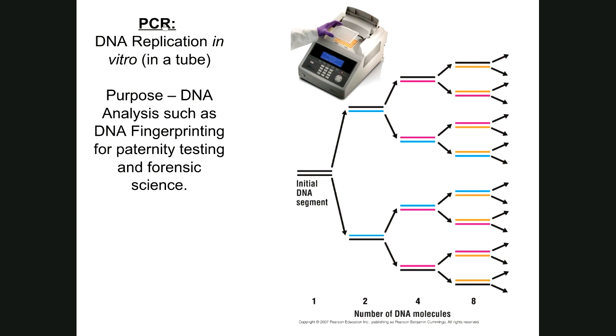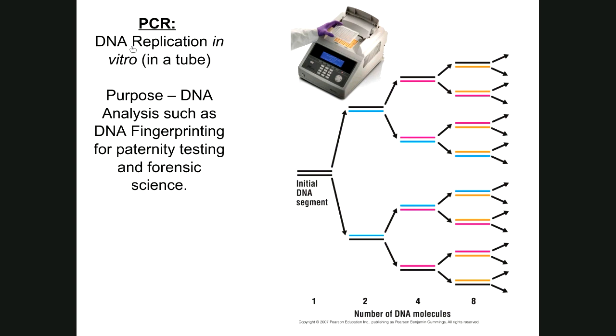The idea came about in the early 1980s, but the ability to actually apply it didn't come about till roughly the early 1990s. In order to perform this process, PCR, you need to have your DNA of interest, which we call your template, but you also need that enzyme that we talked about in chapter 10, DNA polymerase.